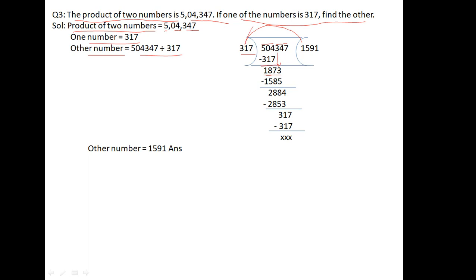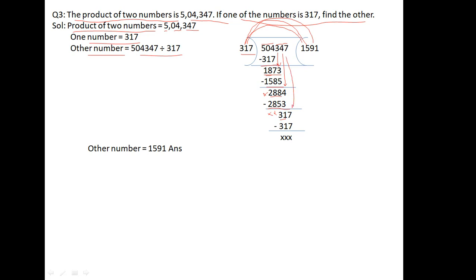Now 317 multiplied by 5 will come 1585, and when we subtract, the remainder will come 288. Now 4 will come downside. Now 317 multiplied by 9 will come 2853, and when we subtract, the remainder will come 31, and 7 will come downside.